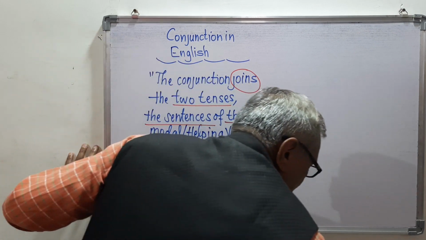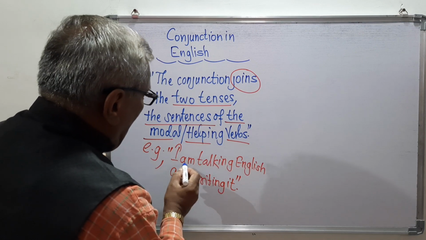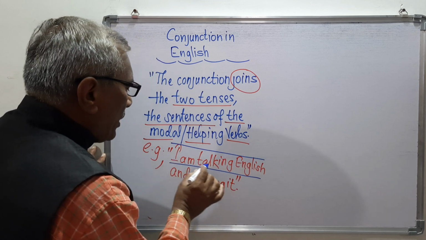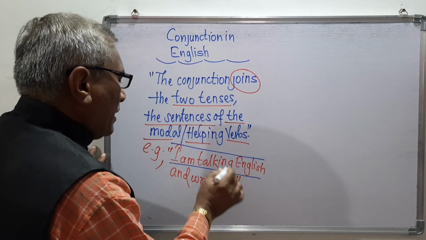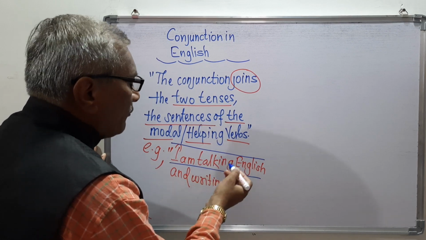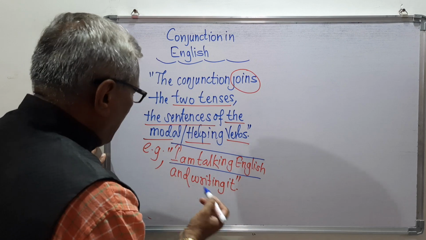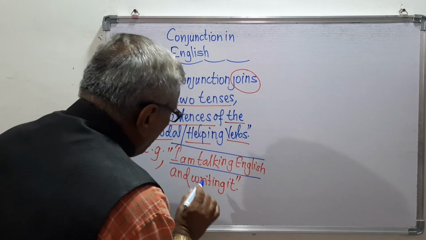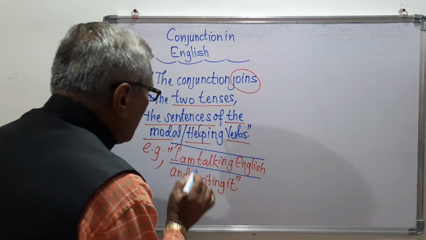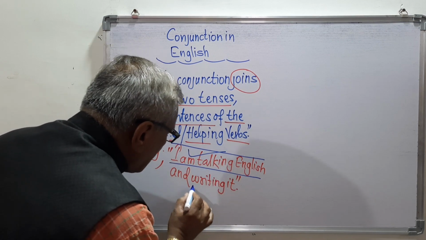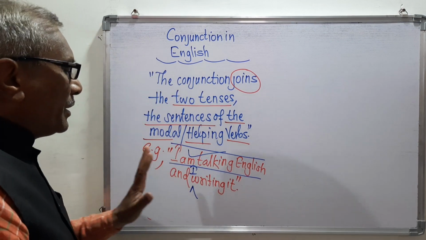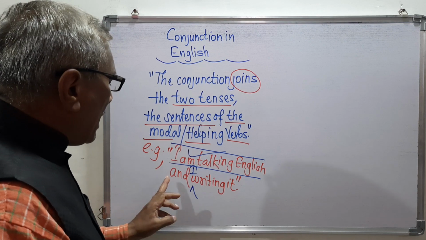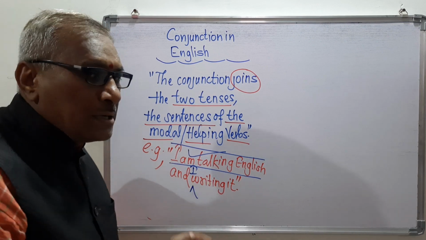The point here is that 'I am talking English' is the first sentence, meaning the action of talking English is being done by me, and the second sentence is 'and I am writing it'.